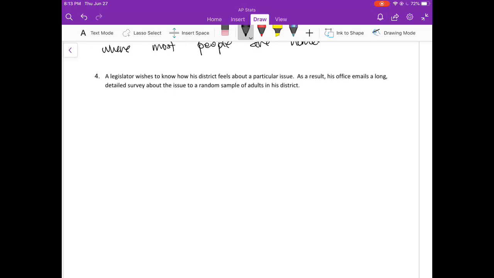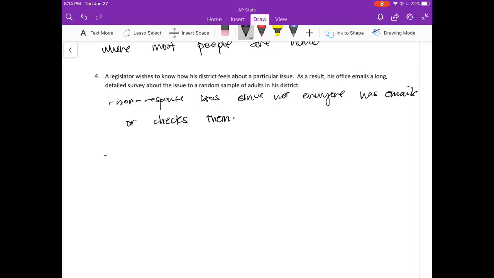A legislator wishes to know how his district feels about a particular issue. As a result, his office emails a long, detailed survey about the issue to a random sample of adults in his district. So this would be a non-response bias, since not everyone has emails or checks them.